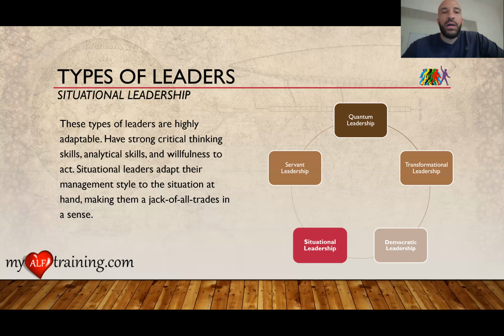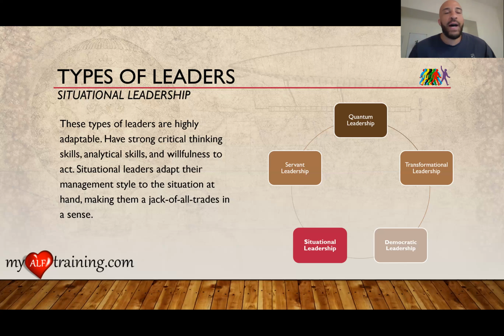So you will want to model your leadership style after a situational leader, because this will allow you to be adaptable, as all of your staff will be highly different in the coming months, as you have a low level of retention, but you have a strong level of clinical skills and analytical skills. You're willful to act, you're ready to act, but you know that you need to be highly adaptable in order to manage the group. Then a situational style of leadership would be the leadership style of preference for you.